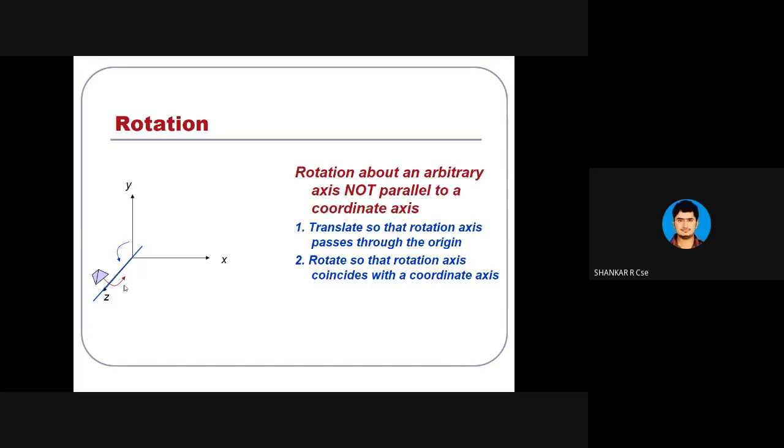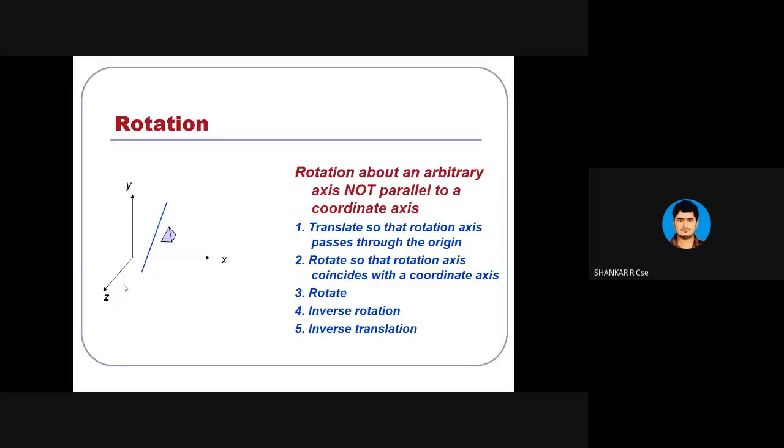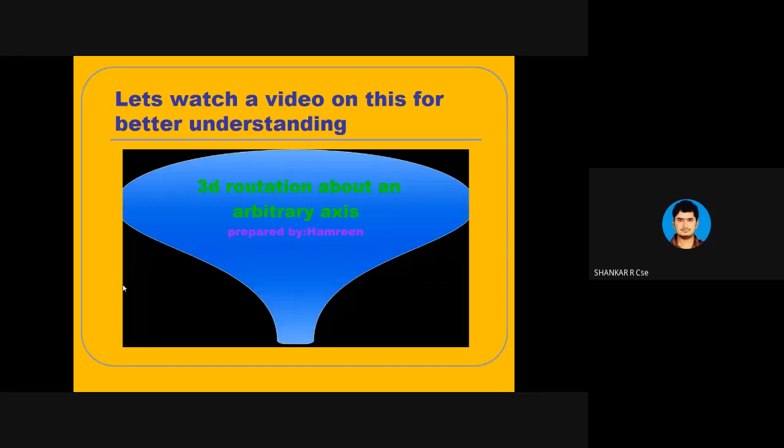Simply, in 3D, if you rotate an axis or object, you are actually rotating x, y, z. That's the reason you have to rotate keeping the other axes in mind. So whatever we discussed, these 5 steps, let us understand better in this video.